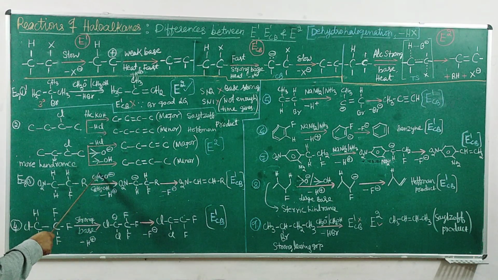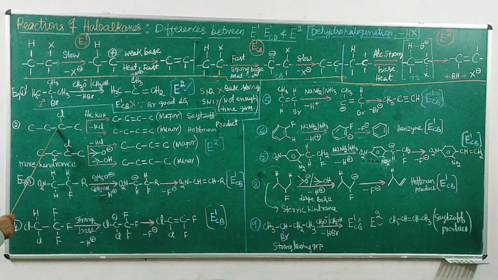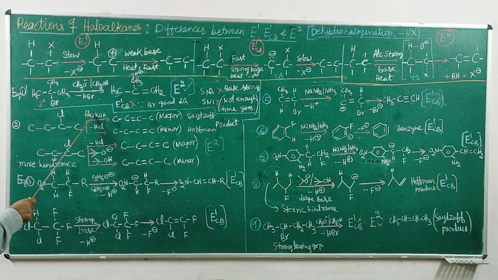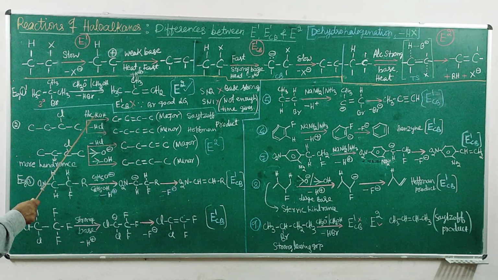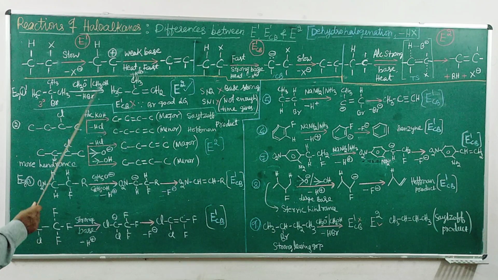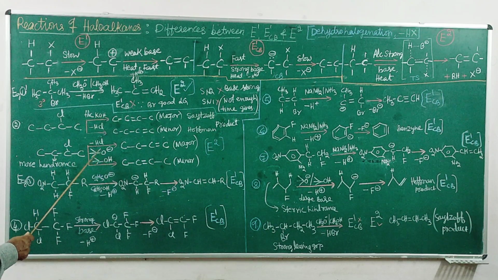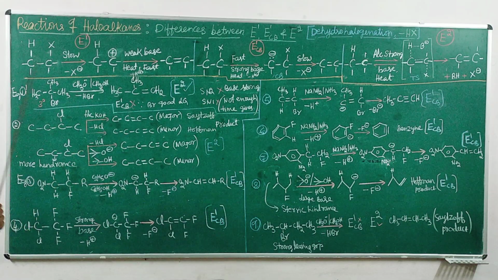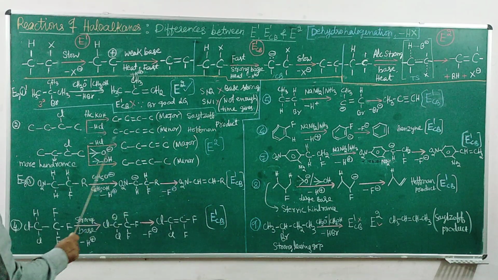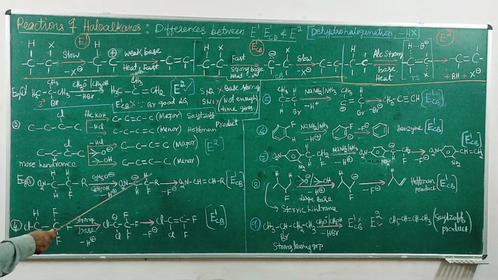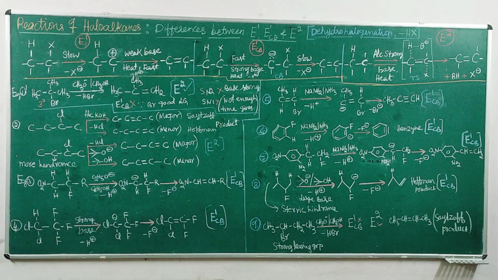It is only the same haloalkane but different bases: a small molecule of base and a big molecule of base. It is alcoholic, that is the only difference. Both are E2 mechanism but the products are different, major and minor, on the basis of selectivity.